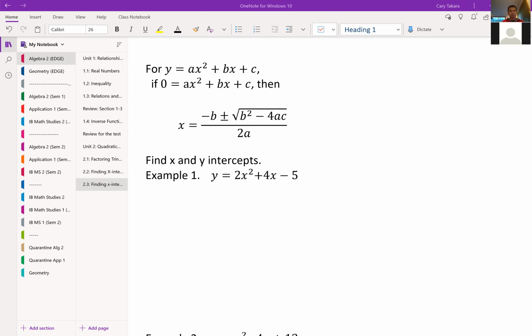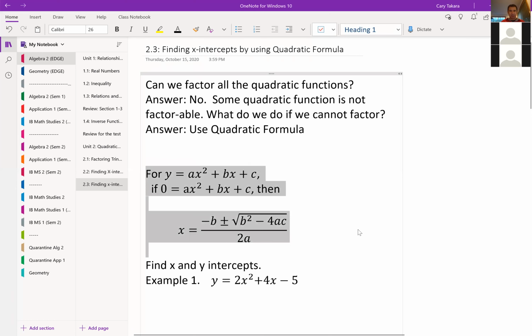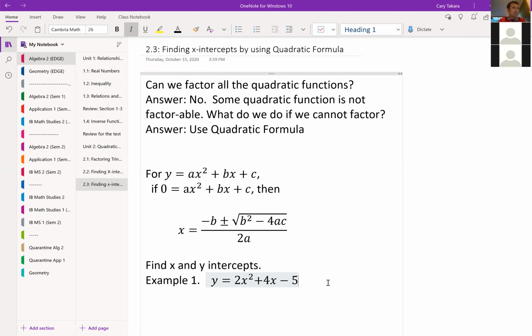Okay. So today I have a really short agenda, and that is to go over what's called a quadratic formula. Have you guys heard that before, or have you guys seen this before? It's right here. Work out, eat, sleep. Yeah.